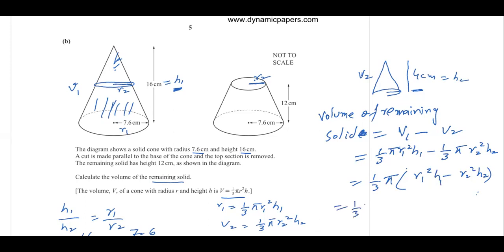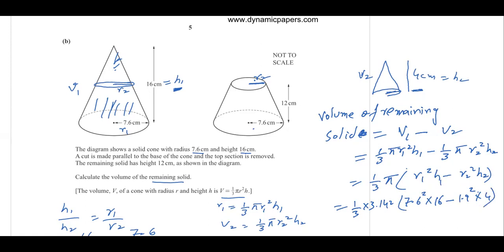1 over 3 pi is 3.142 into R1. The first radius is 7.6 squared, into H1, its height, which is 16, minus R2. This radius for the smaller cone we found already was 1.9 squared, into H2. The height of the smaller cone that we cut is 4.